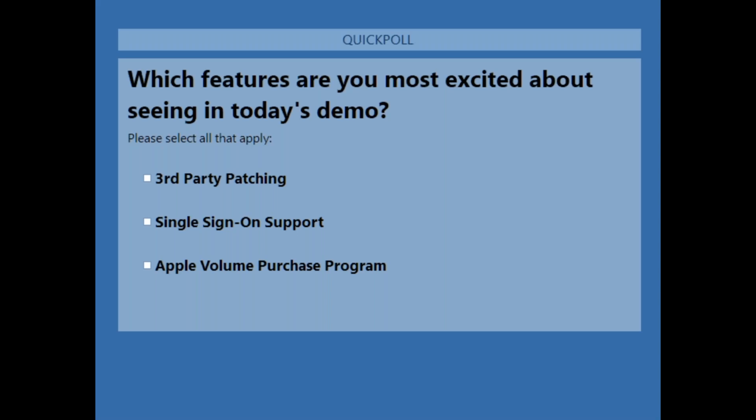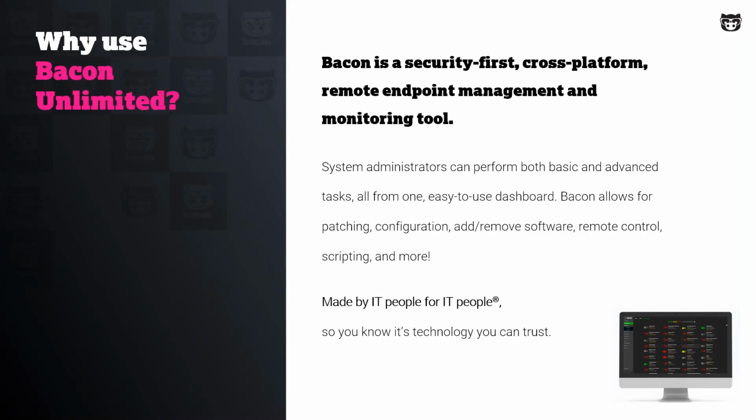So for anybody using Apple Business Manager and those volume purchased apps, we've got very rich integration now. And then single sign-on support for Azure AD and Okta, pretty exciting. It looks like third-party patching is still the winner and single sign-on second, kind of a small group. Only about 7% on the volume purchase program, Dave, but let's make sure to cover it so that those people get a good sense for what we've got there.